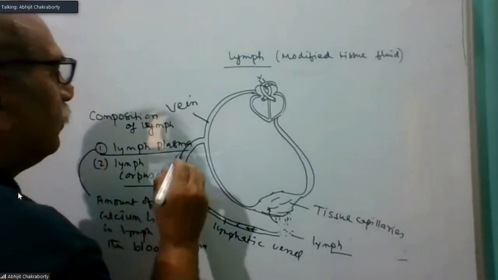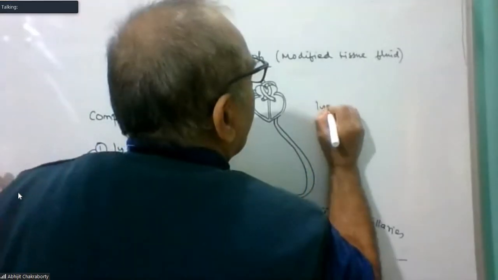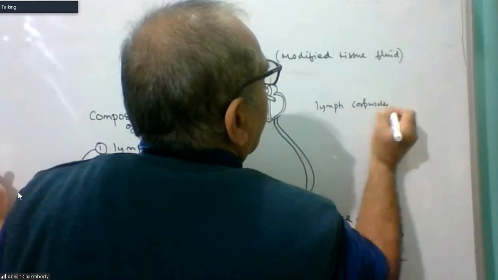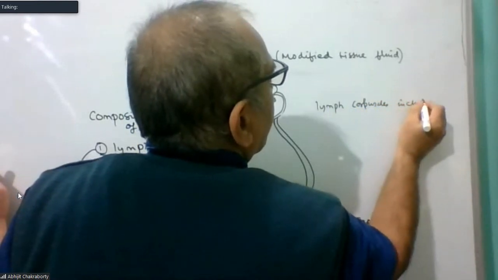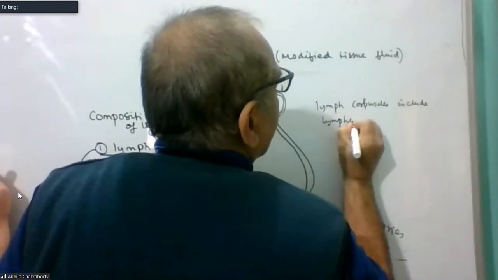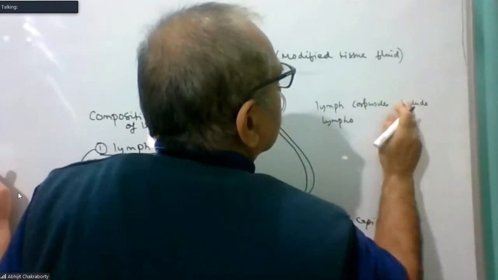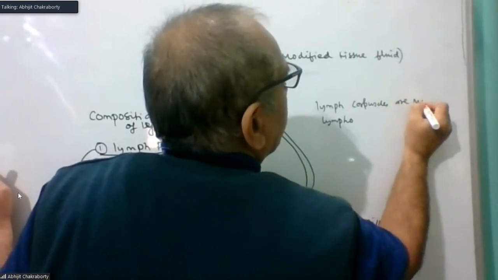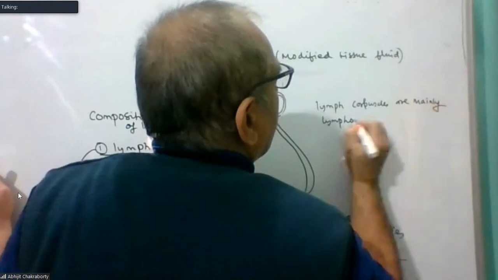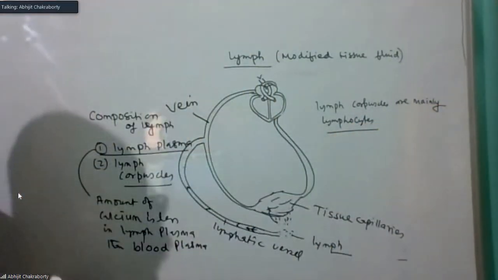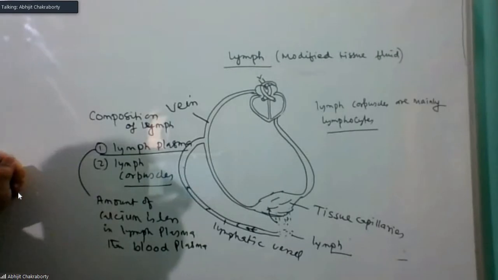Lymph corpuscles are mainly lymphocytes, remember these things.